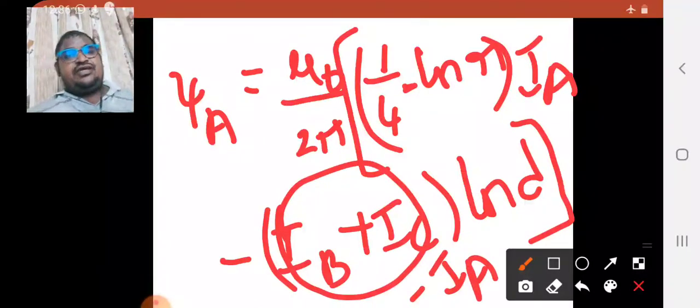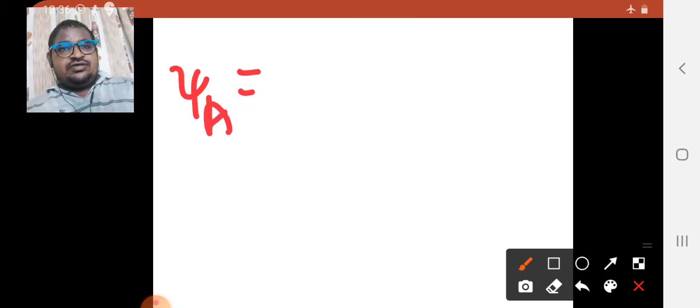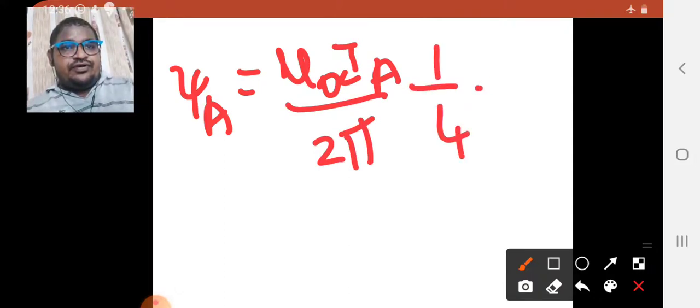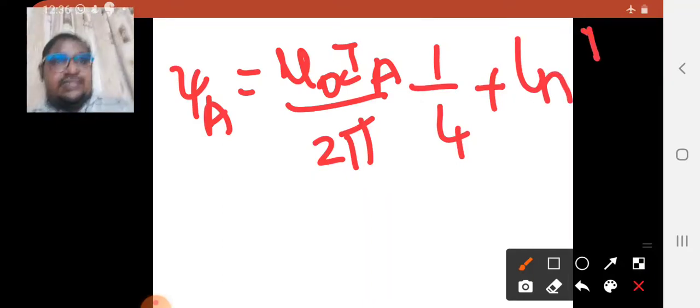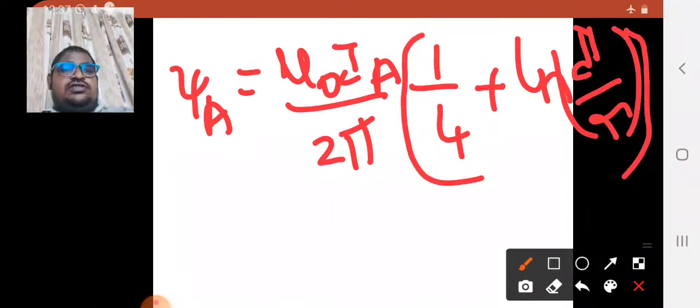If you substitute that, this becomes plus IA into ln D. So psi A is equal to mu naught IA by 2 pi into 1 by 4 plus ln D by R. This is the finalized value.